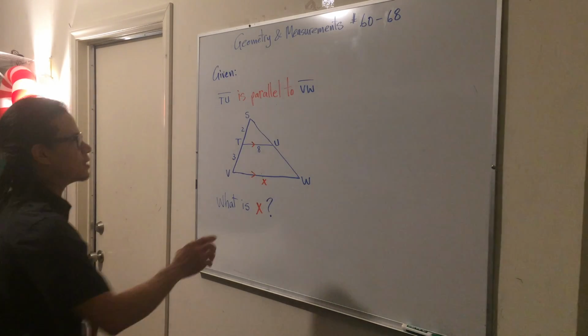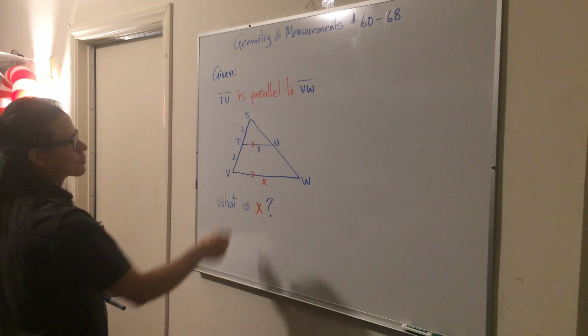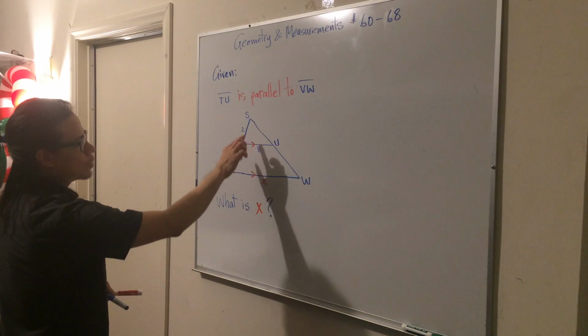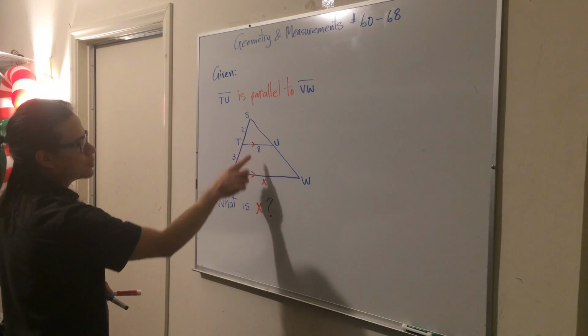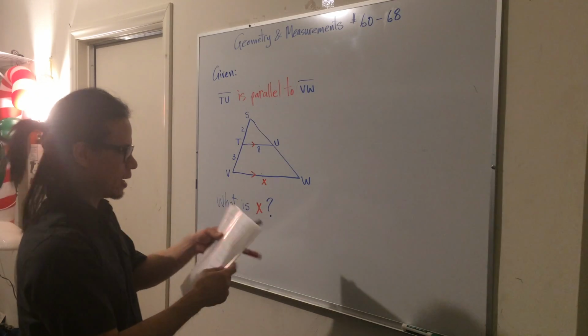Okay, so I'm hoping that you guys are able to see that there is a smaller triangle inside of the big one. And then because TU is parallel to VW, we can say that these two triangles are similar. Okay, so let's make note of that.